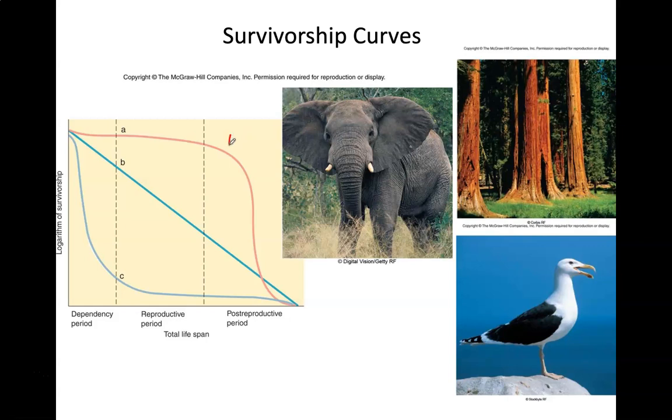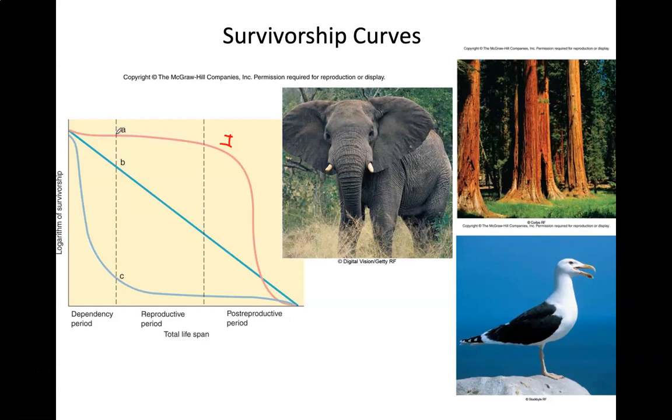So this is a survivor curve of a type 1. So it's labeled A. So we're looking first at the dependency period. So this is when you're basically an offspring, right? When you're growing. And you can see for type 1, it's high survivorship here. And that's because you're depending on your parents, right?